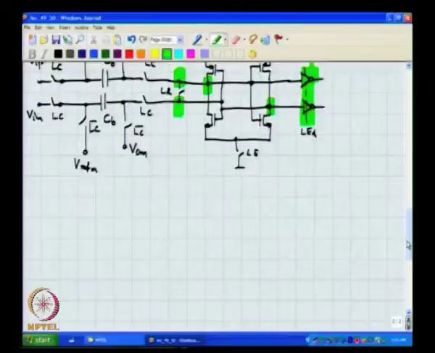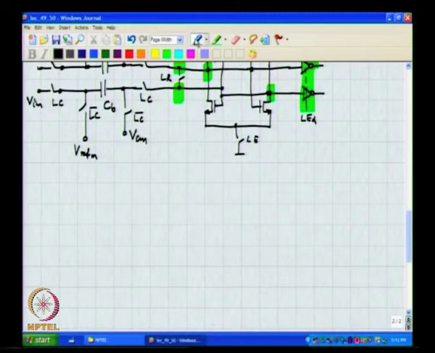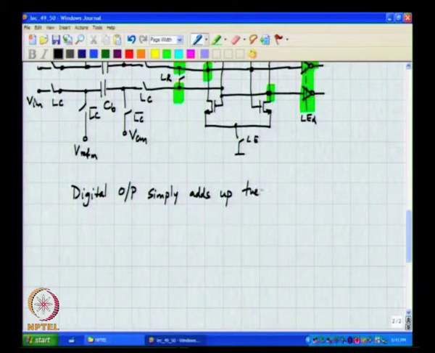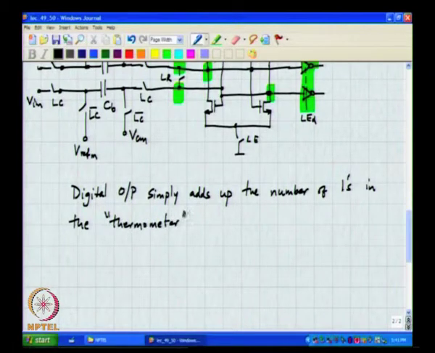Okay. One other way of generating the digital output sequence as a function of the thermometer code that appears at the outputs of the comparator is to simply add up the number of ones.